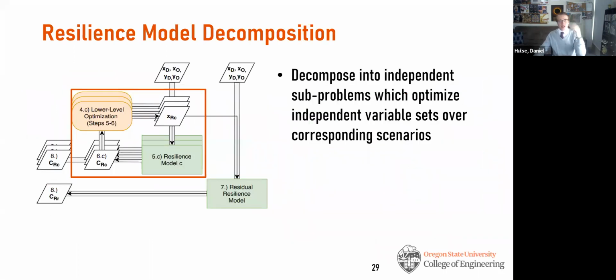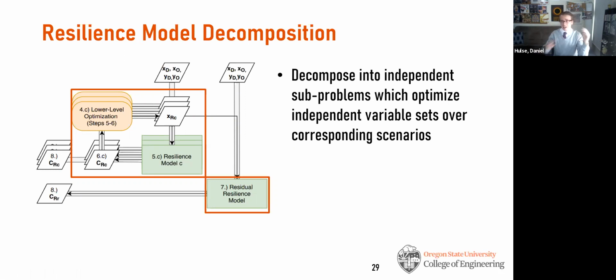And so in this work, we created a lower level decomposition of the resilience model where we decompose the different subproblems where different sets of variables are related specifically to different sets of scenarios that we run in the model. And then what we can do is we can optimize each of those either in sequence or in parallel, but they run with a lower dimensionality.